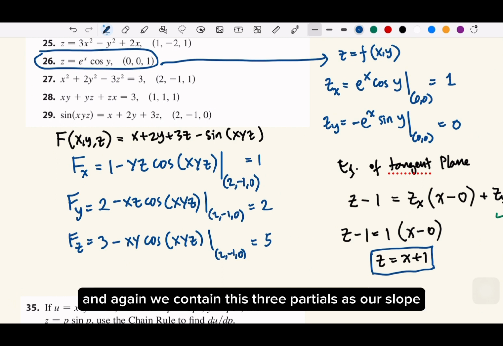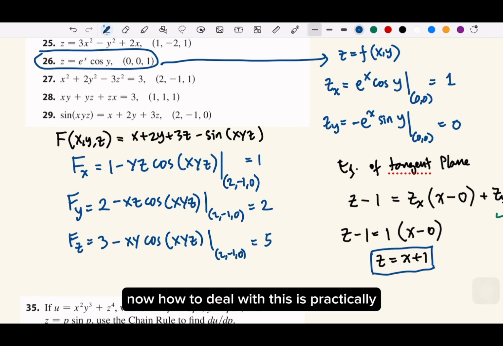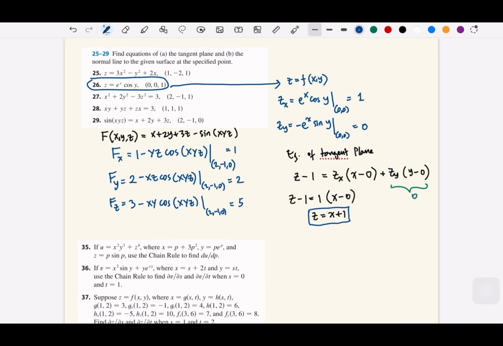Again, we can think of these 3 partials as our slope, similar to what we have in Calculus 1.